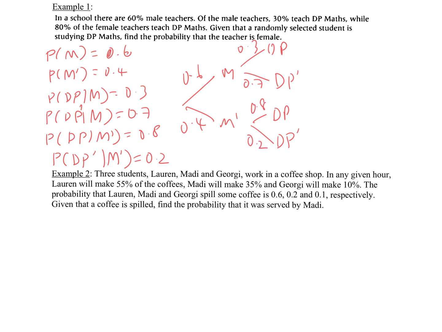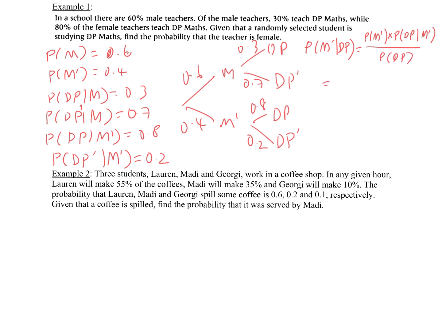In this case, we want to find the probability of not male given that it is DP. The formula will be probability of not male times probability of DP given not male over probability of DP.